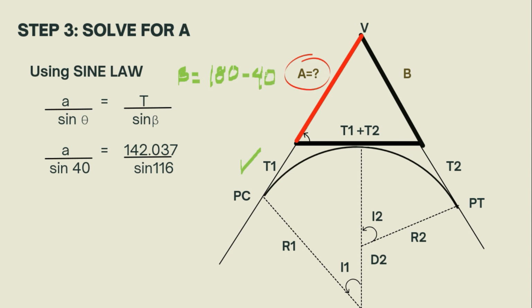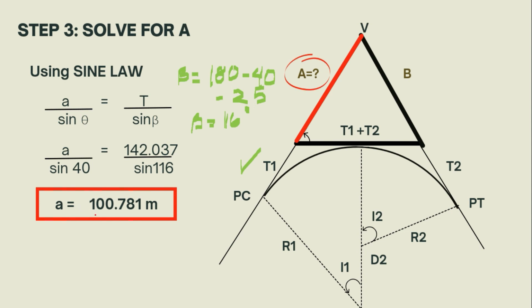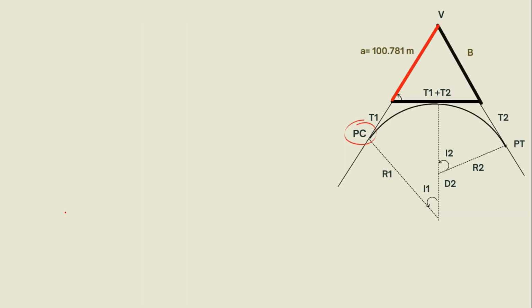If we subtract that from 180 degrees, we get the value of beta of 116 degrees. For theta, we just have to place in 40 degrees and we can now get the value of A of 100.781 meters.